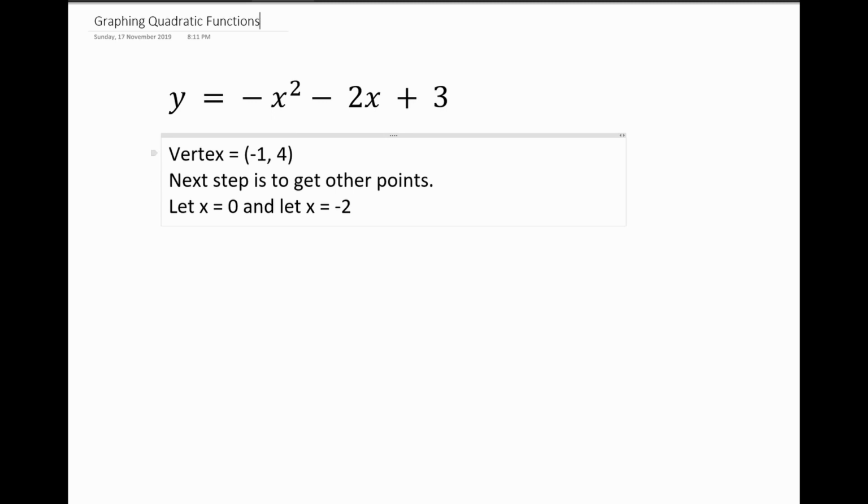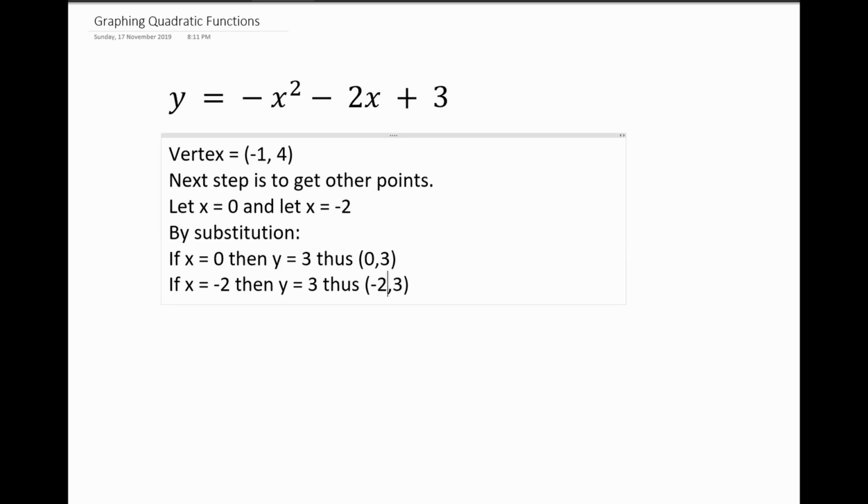On the right side of negative 1 is 0, and on the left side of negative 1 is negative 2. We substitute it to our x. If x is 0 and x is negative 2, by substitution, we get y is equal to 3. So we now have 2 more points. Aside from the vertex of negative 1, 4, the other 2 points are 0, 3 and negative 2, 3.